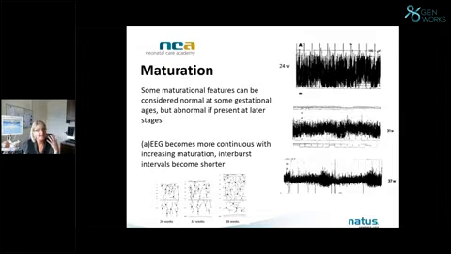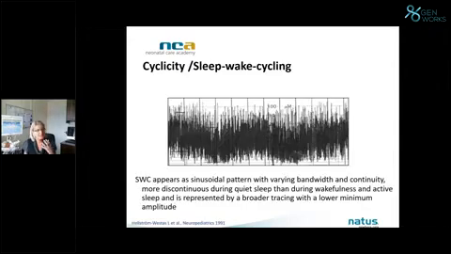But as well as the actual pattern and the continuity, the sleep-wake cycling matures also. And you remember we said, for those of you who joined us last week, that the sleep-wake cycle appears as this kind of sinusoidal pattern with varying bandwidth and continuity, and we see it much more discontinuous during quiet sleep than during wakefulness and active sleep.